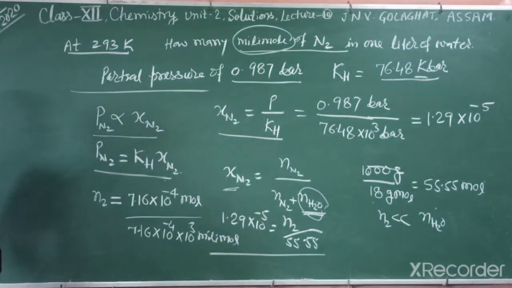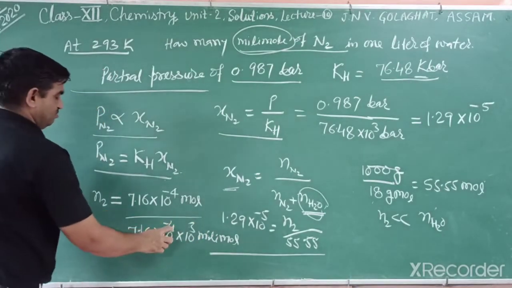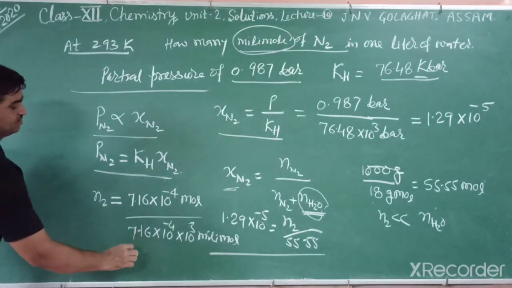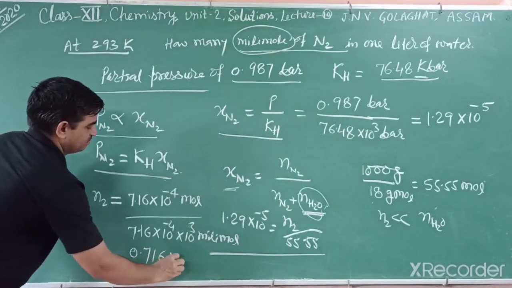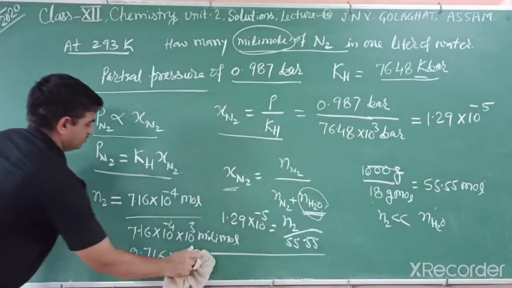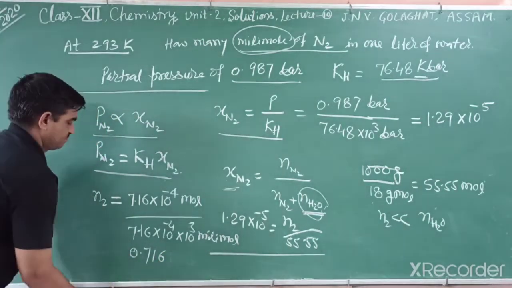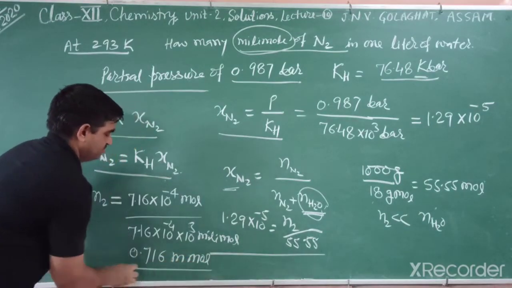Further, that value is 0.716 millimole. This is the answer: millimoles of nitrogen in 1 liter.